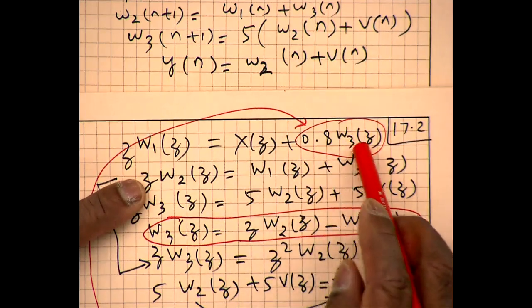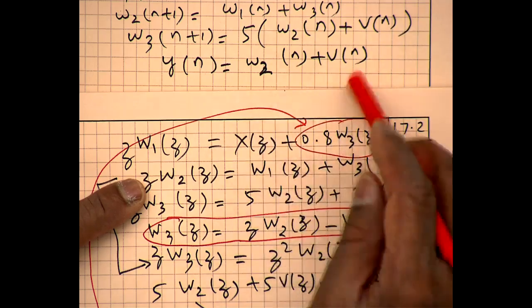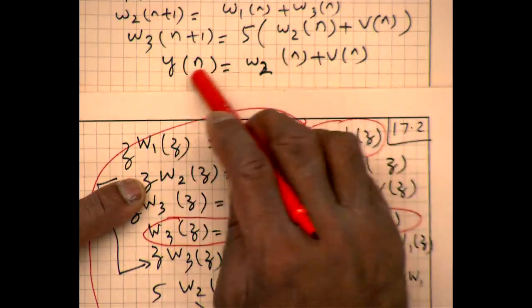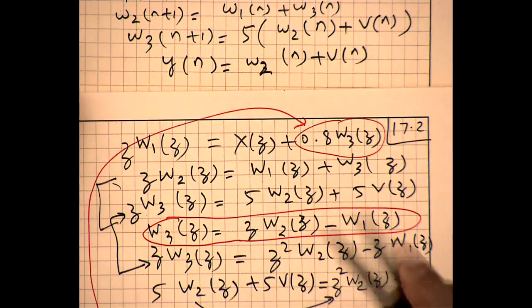Then express W1 in terms of X. Everything has to be expressed in terms of X, and then Y has to be expressed in terms of X and V. Well, I'm not going to do more algebra, but you get the idea.